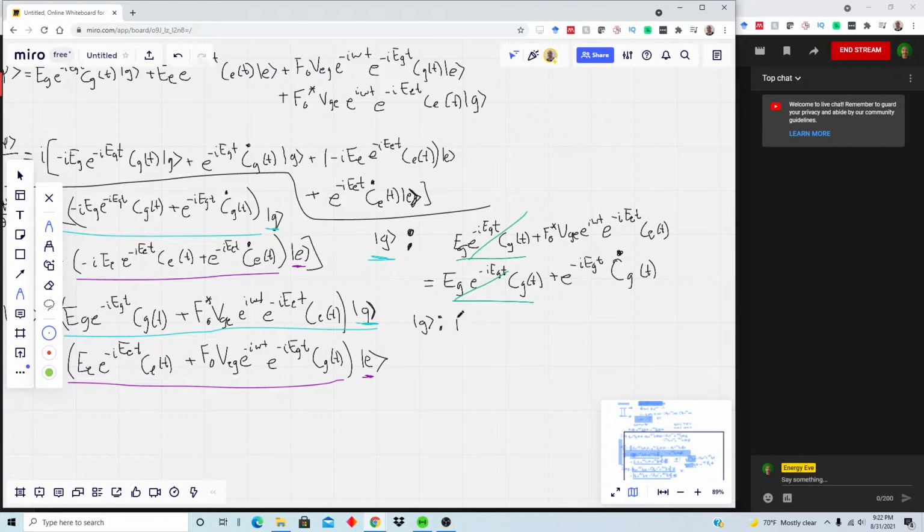We're left with the conjugate for f0 v_ge e to the i omega t e to the negative i e_e, I believe. Let me double check. Yep, e_e. And this is equal to e to the negative i e_g t and the time derivative component of this.